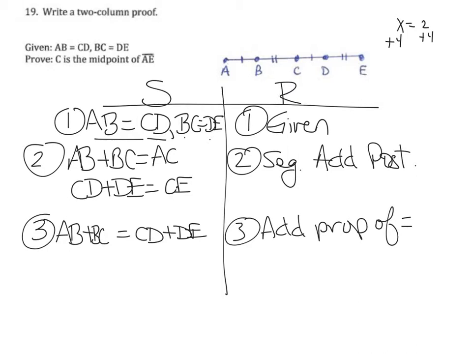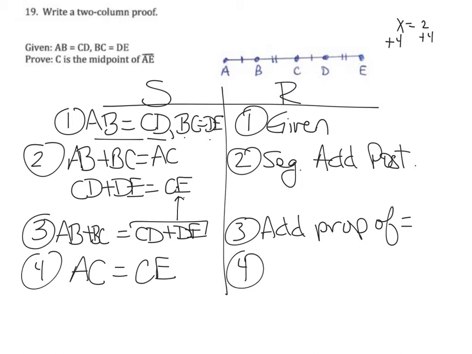Now from there, what do I know? Well, it says here AB plus BC, and here I have AB plus BC. Well, what is AB plus BC? It's the length of AC. So I can say by substitution that if I plug in AC, and over here I plug in CE, I can say by substitution that they're equal. But now I have to go to the definition of midpoint, which says two pieces are congruent.